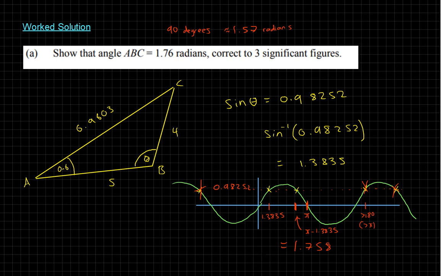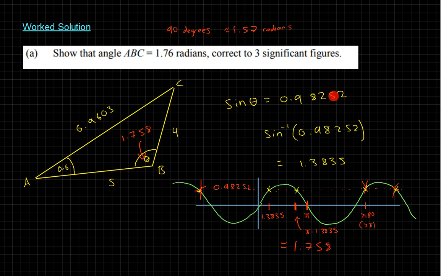So therefore, we've got our answer, 1.758. And the big mistake is to see an equation like this and just assume that if sine theta equals that number, if I take inverse sine of the number, I will get my answer. Because remember, there's technically infinite solutions to this equation. The point being that you need to pick the correct one.